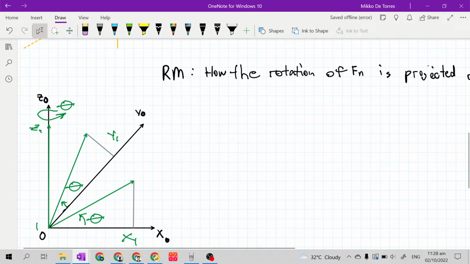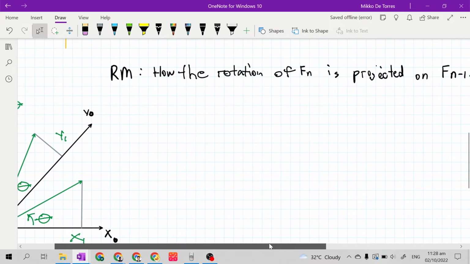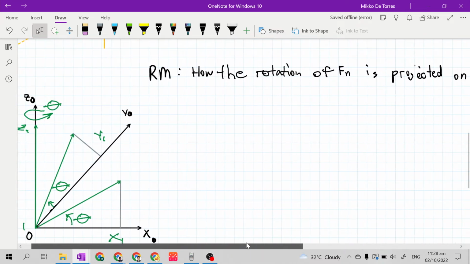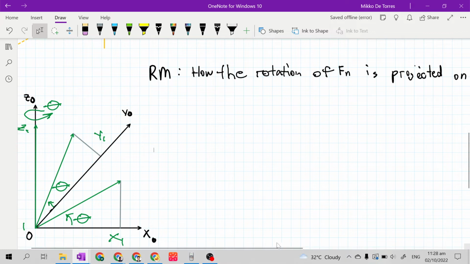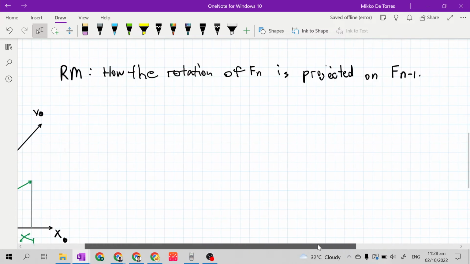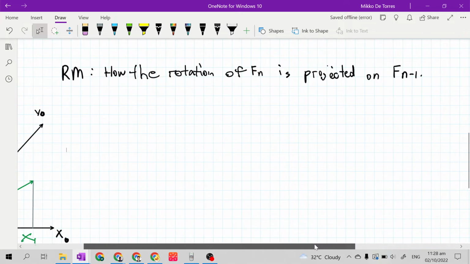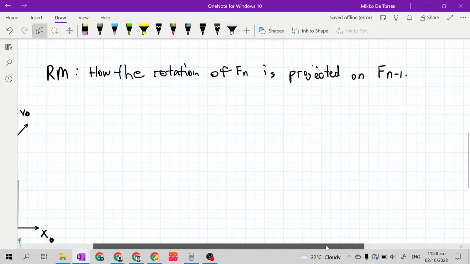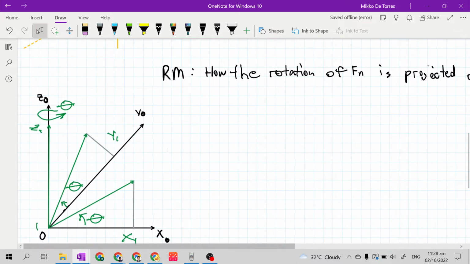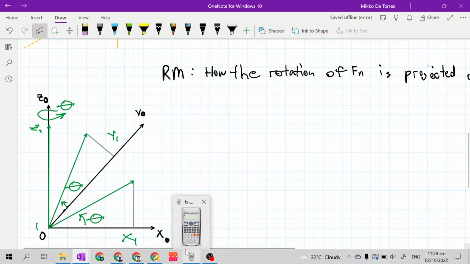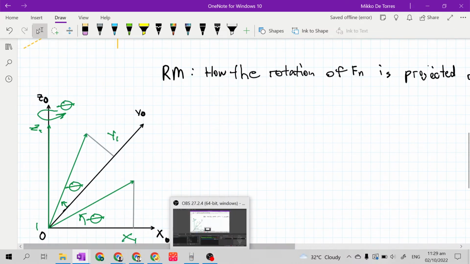Okay. So using this new drawing and the principle of projection, we can say that the rotation matrix is how the rotation of frame n is projected on frame n minus 1. Frame n is frame 1 if n is equal to 1, and then frame n minus 1 is frame 0. So this is how the rotation of frame 1 is projected on frame 0.